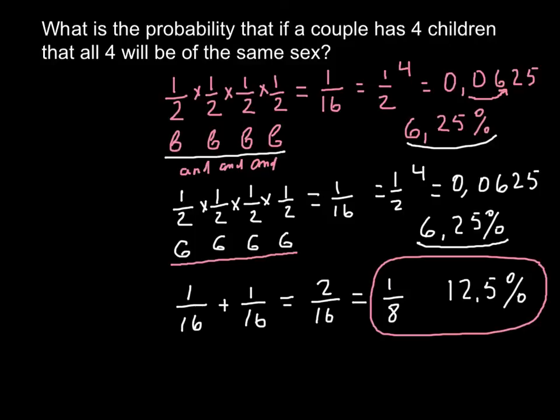When we use the word "and," that means we have to use the rule of multiplication. And when we use "or," as in what is the chance for all four children to be boys, or what is the chance for all the children to be girls, that means we have to use the rule of addition.